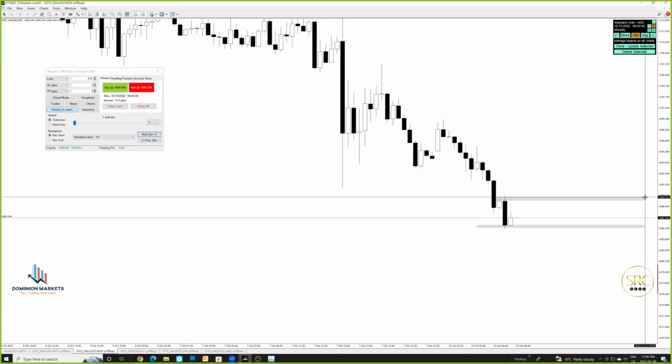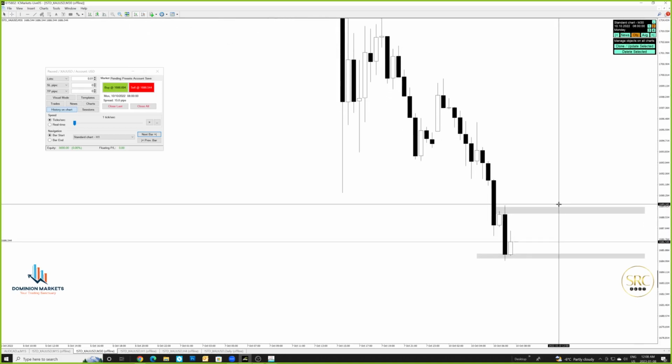If we can break above this area, then this range we have is around 33, 35, 36 pips over here. The price can break above that area and then continue to push up. That's somewhat important right here.